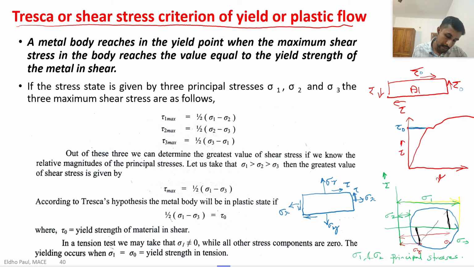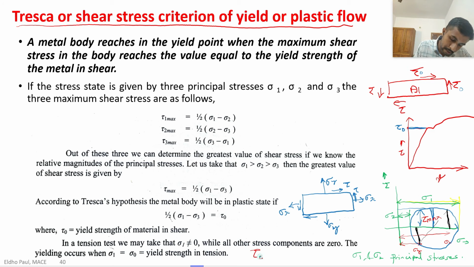The next question is, what is the maximum shear stress at a particular point? In this object, the maximum shear stress is this value. This is the maximum shear stress, tau maximum. What is the relation between tau maximum and sigma 1, sigma 2?